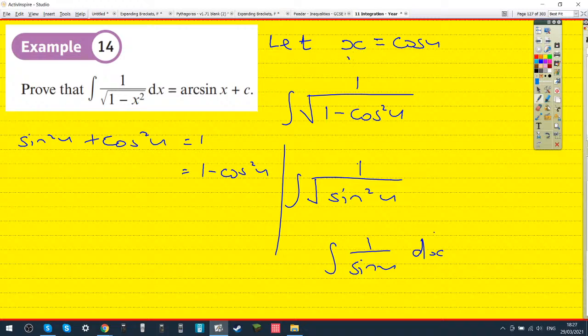So this one up here, dx du, which will be minus sine u. So dx will be minus sine u times du. Yeah, so then dx is replaced with minus sine u du.